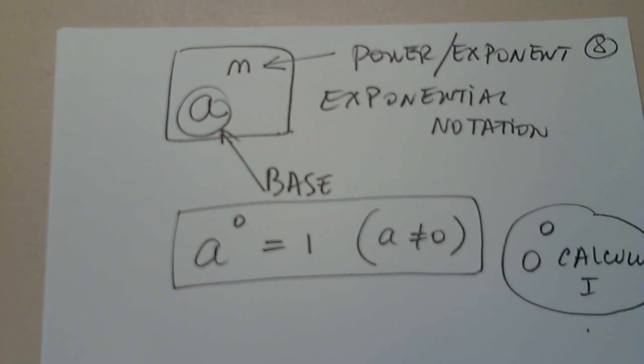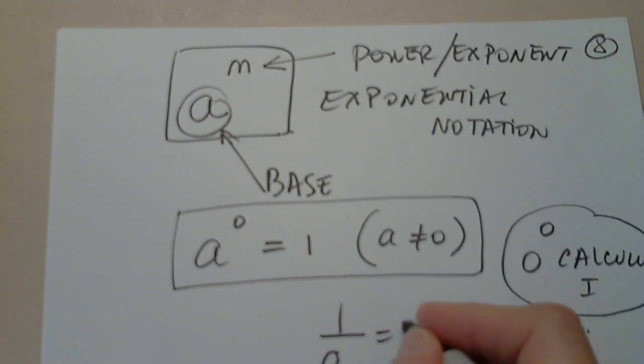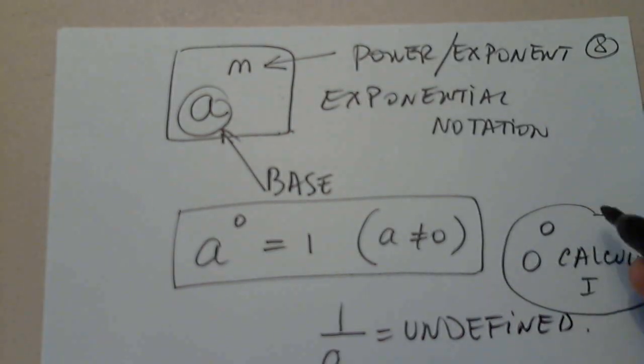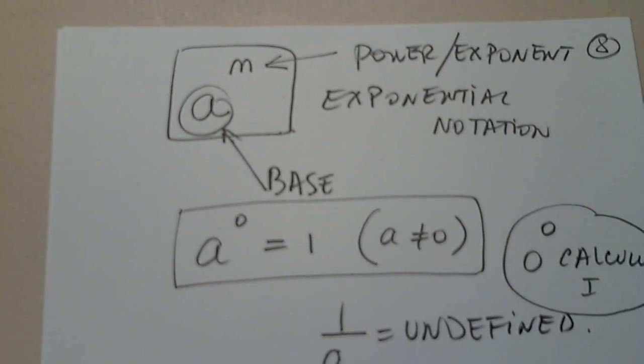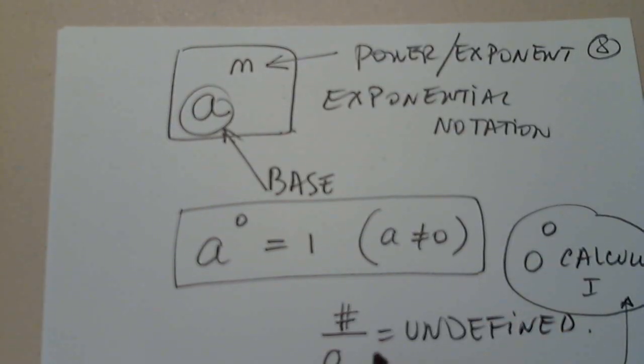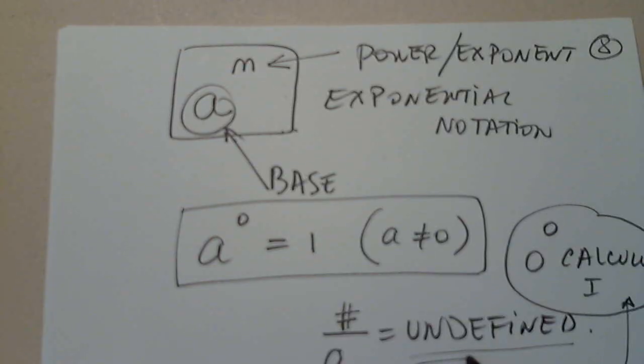This is not for this class. 0 raised to 0 is indeterminate. 0 over 0 is also Calc 1. Any other number divided by 0 is indeed called undefined.